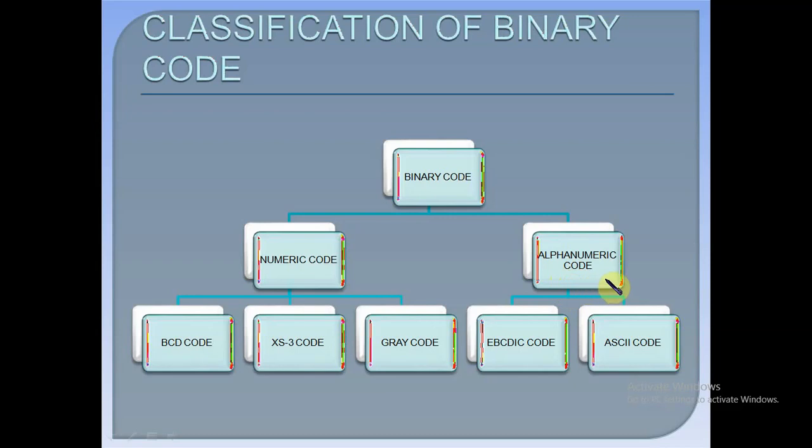Mostly, alphanumeric codes are classified into the two we have already seen, that is ASCII and EBCDIC. ASCII is the abbreviation of American Standard Code for Information Interchange, and it is universally accepted for alphanumeric code. It is used in most computers and other electronic equipment. Computer keyboards are standardized with ASCII code.